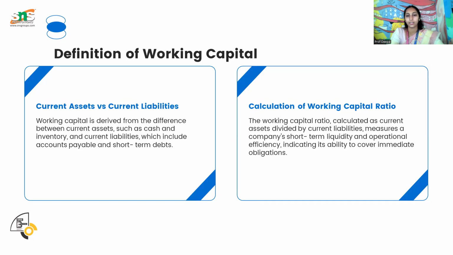working capital. And how to calculate the working capital ratio? It is calculated as current assets divided by current liabilities. That is the way to calculate. See, all companies may have short-term liquidity, along with operational efficiencies.